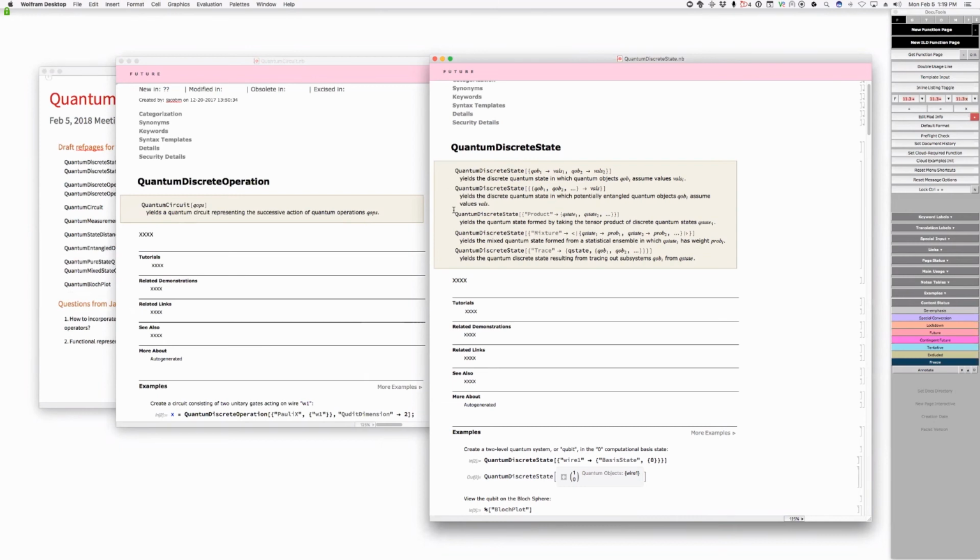Okay, so the quantum discrete state, I think it doesn't yield anything. It represents something. And the state is the state. There's not more to be said. It's the end of the story. As opposed to what? As opposed to what is written here, that things assume values in the state. So this is some sort of state expressed in some basis of states. I know, but this is not what it currently says.